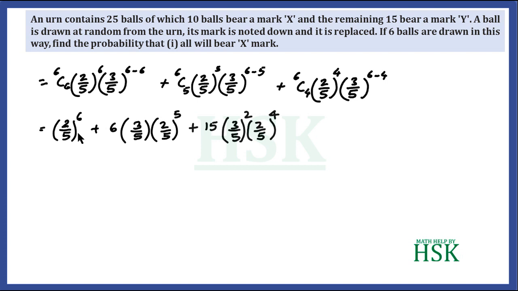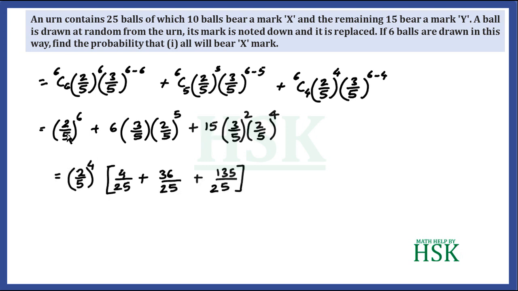From these 3 terms, we can take (2/5) to the power of 4 common. Here we would be left with (2/5) squared, so this would become 4/25. Here we would be left with 6 into 3/5 into 2/5, which on multiplying gives me 36/25.